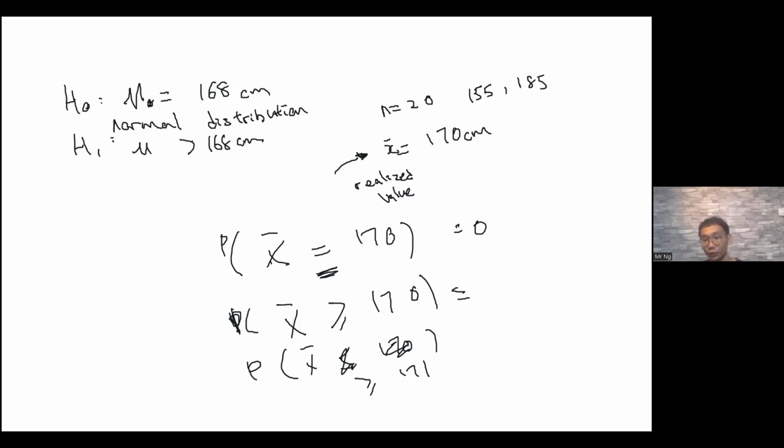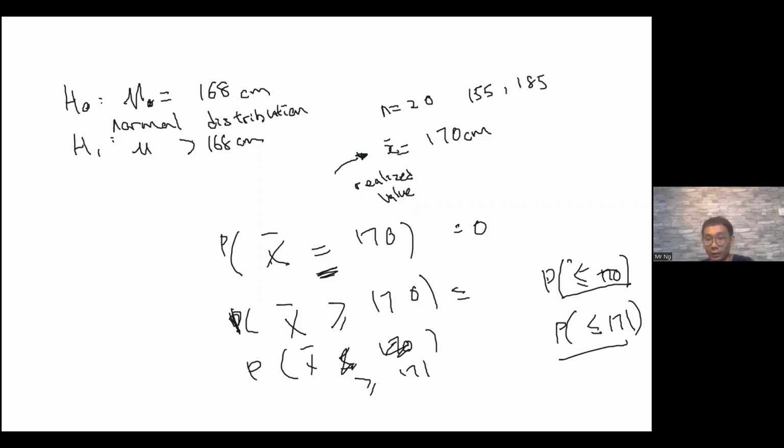Otherwise, if we use the other sign, it will contradict. It doesn't make sense that the probability of this is higher than this. The probability of this should be lower. That's why it's more than or equal.